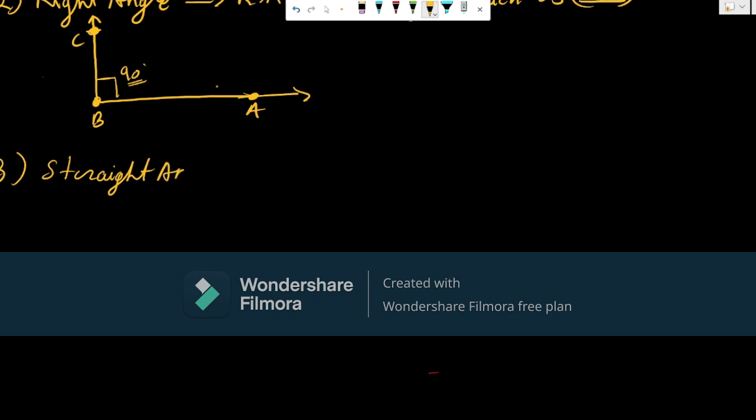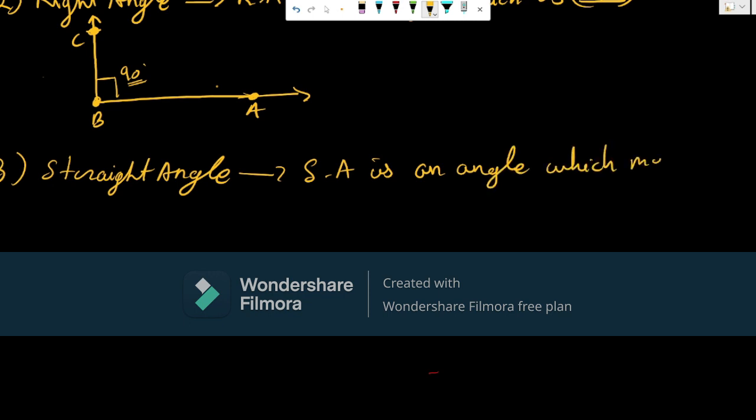Straight angle. Straight angle is an angle which measures 180 degree. Okay, 180 degree.